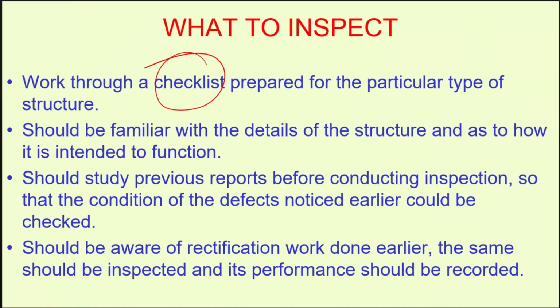So you must have the checklist. And when you have the checklist, you also need to have some tolerance limits. So what are the limits given in your various steel bridge code, welded bridge code or concrete bridge code? You find out all those tolerances and note them down along with their measurements so that you know whether it is within limit or not.